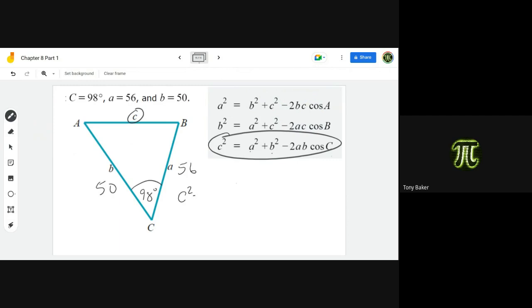So I've got c squared equals 56 squared plus 50 squared minus 2 times 56 times 50 cosine of 98. How do I get rid of the square? So in essence, to find C, I'm going to do the square root of that whole thing.